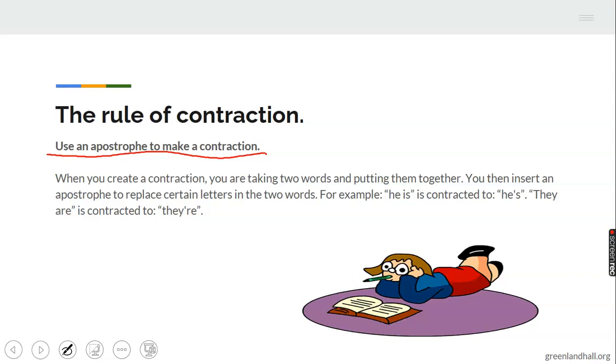Now, when you create a contraction, you are taking two words and putting them together. You then insert an apostrophe to replace certain letters in the two words. I've mentioned that earlier. He is will be what? He's. Look at this. They are will be what? They're. I've mentioned that earlier.